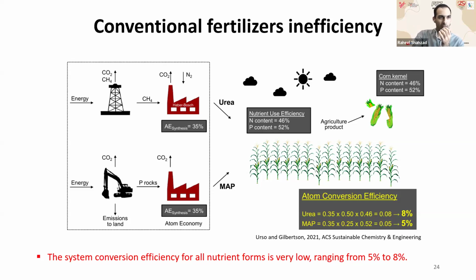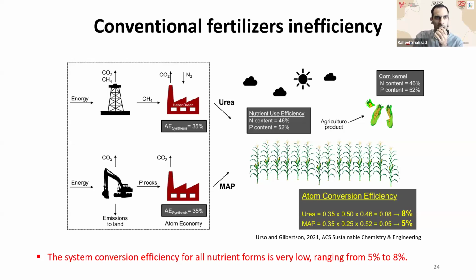If we talk in simple language, it means if you apply 100 kg of urea, the plant is actually getting only 5% of the nitrogen. It's a complex calculation, of course. For details, I think you must read this paper. But in very simple language, only 5% of the nitrogen is coming out of the urea fertilizer and utilized by the plant.